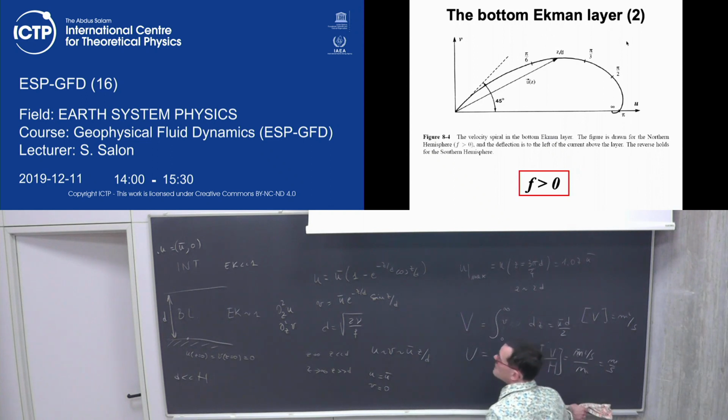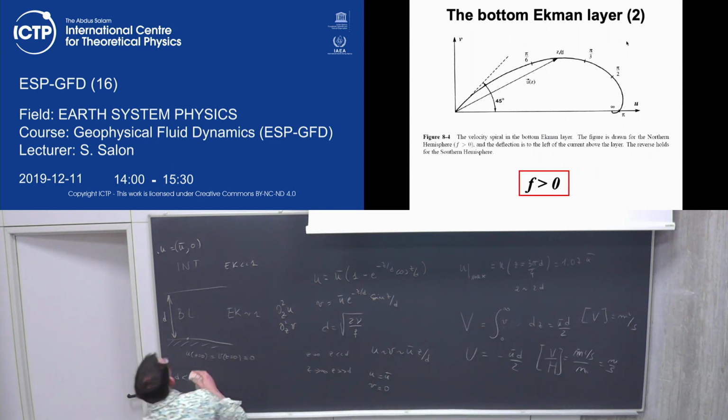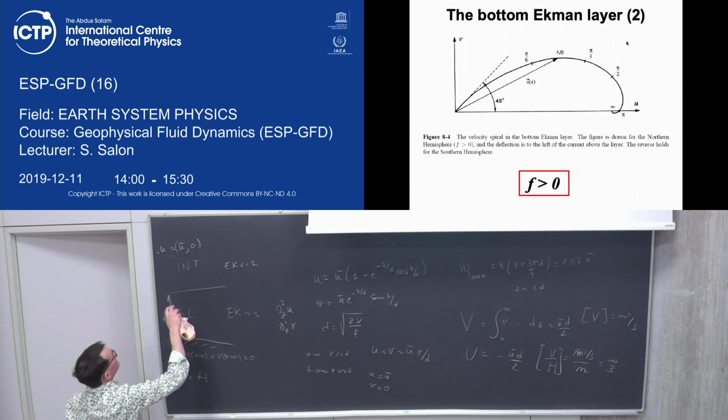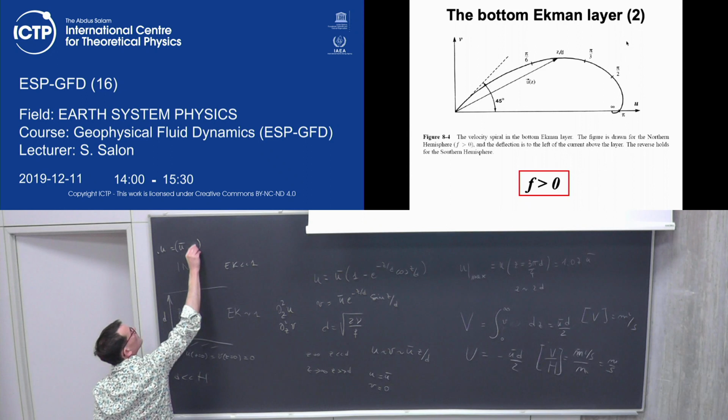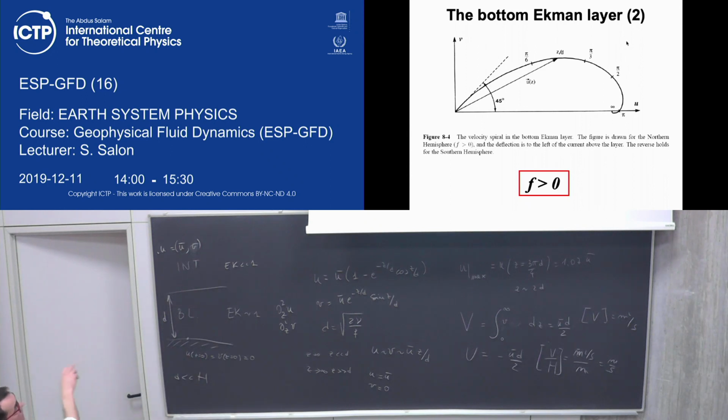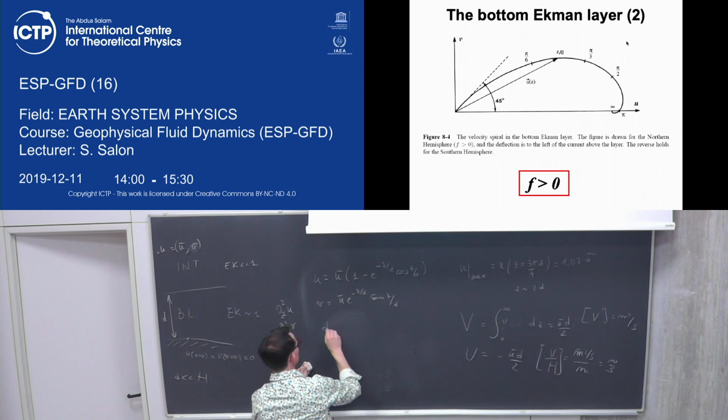Okay, so now we want to have a condition which is a little bit more general. So we allow both U bar and V bar in the interior flow. Keep this.